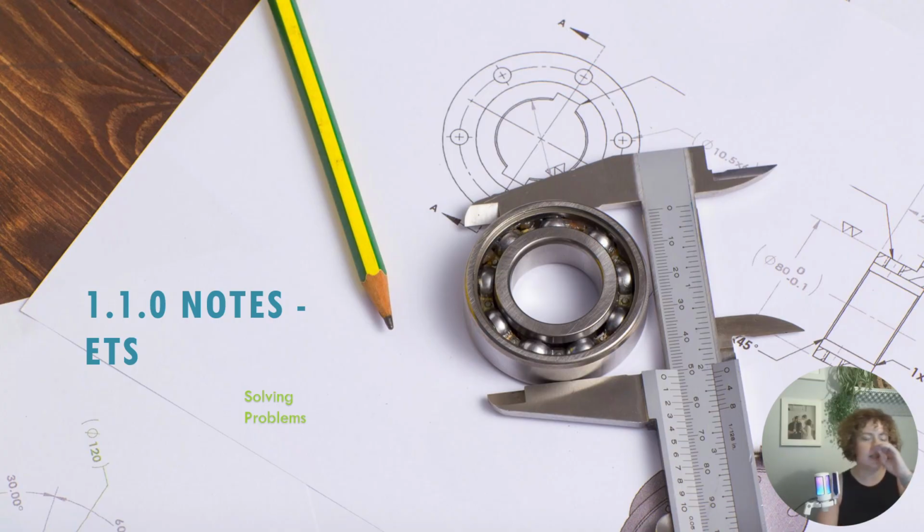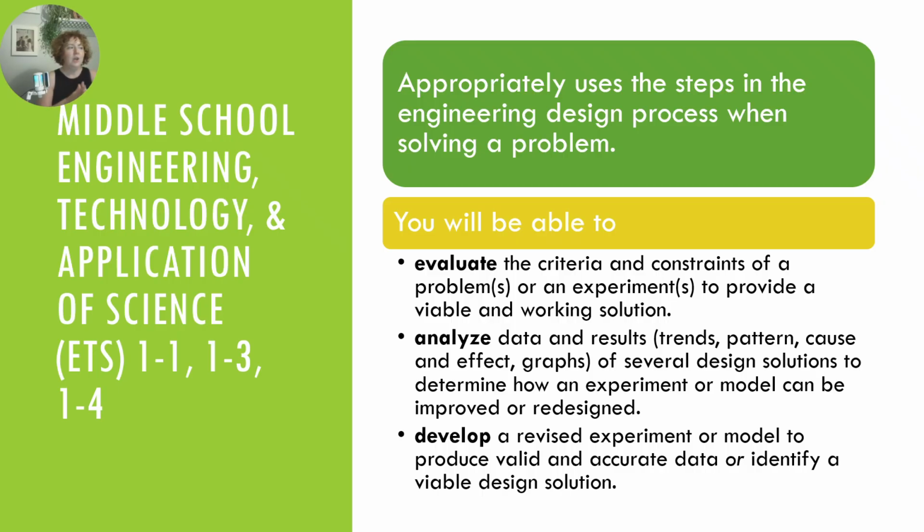This is section 1.1.0 notes, all on ETS. Essentially, how are we hopefully going to solve some problems when it comes to science and all the things we may encounter? We are focusing in on these three ETS standards: 1-1, 3, and 4.